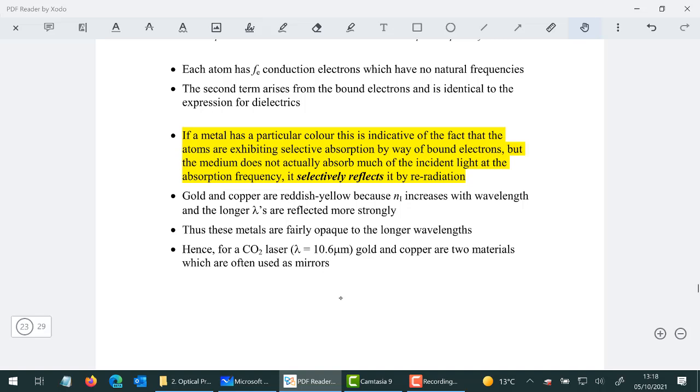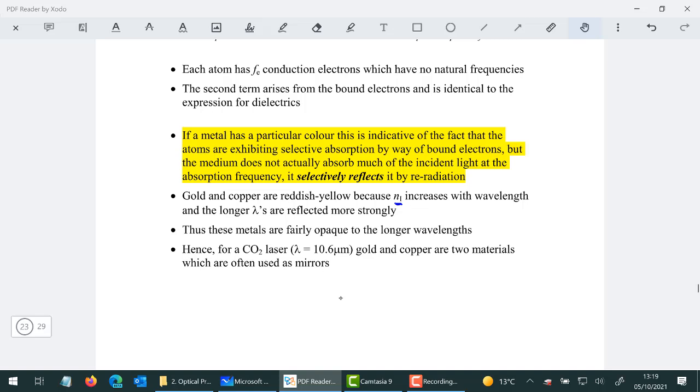So gold and copper are reddish yellow because the reflectivity increases with the wavelength. The longer wavelengths get reflected more, and that's because the complex part of the refractive index increases with wavelength. So these materials are opaque at longer wavelengths, but if we go to short enough wavelengths, then they will become transparent.